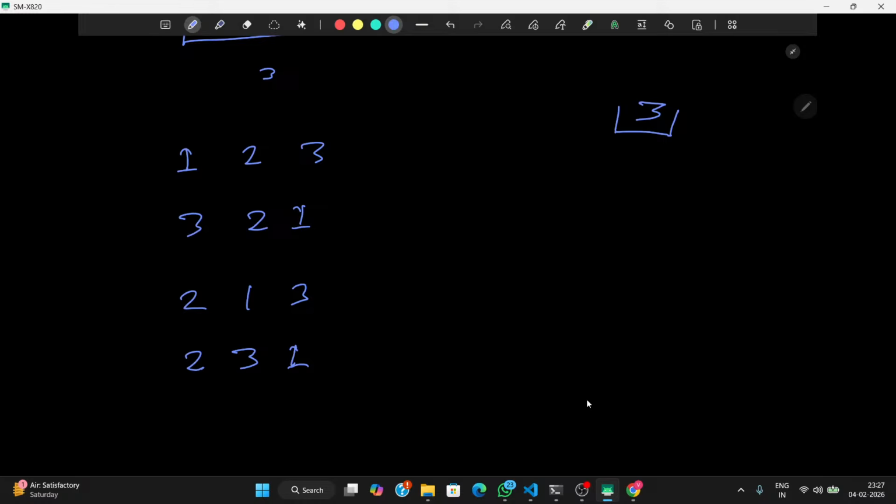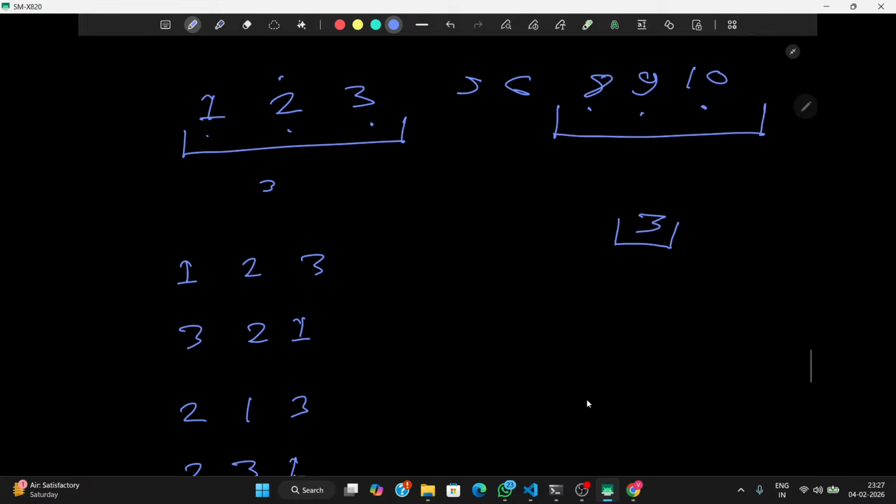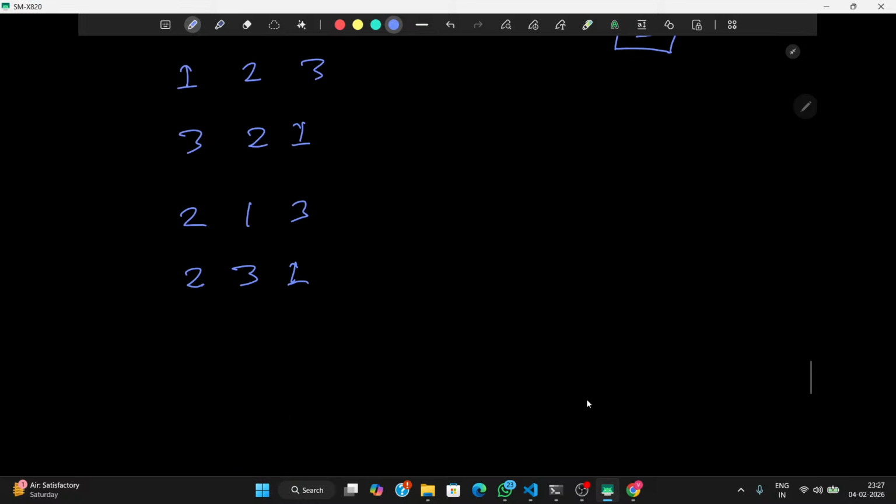What are we doing? We are taking a particular element here. Suppose we have x consecutive elements in a sorted order, right?